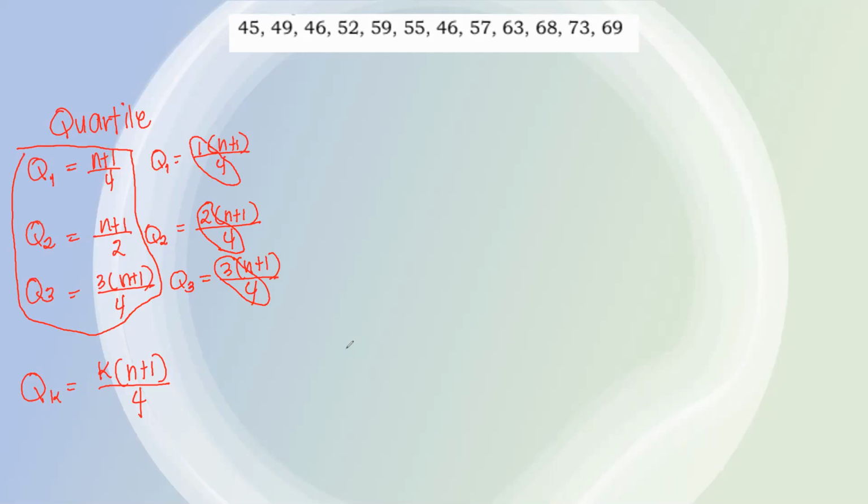Now, si decile at si percentile, ganun din po yung formula niya. Yun nga lang, as you can see dito, 4 parts, katulad ng sinabi ng classmate nyo, that's 4 parts. Ito, 10 parts, at ito ay 100 parts. Ibig sabihin, yung K dito stands for, pang ilan ba yung kailangan mo?